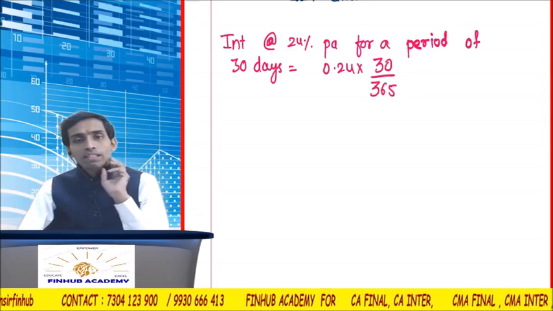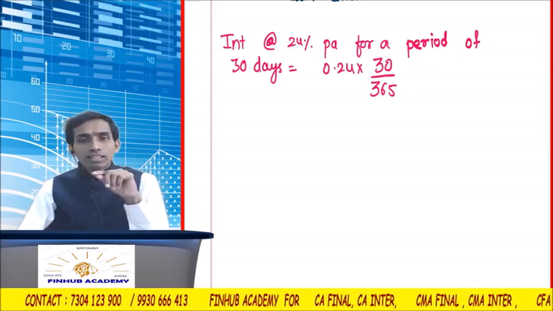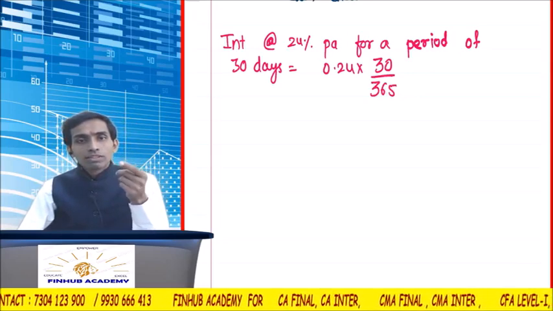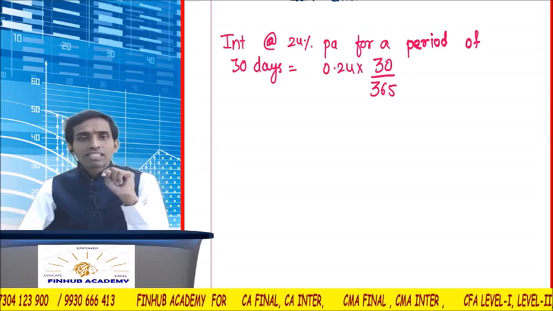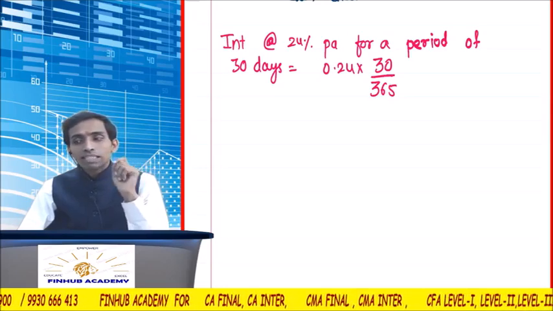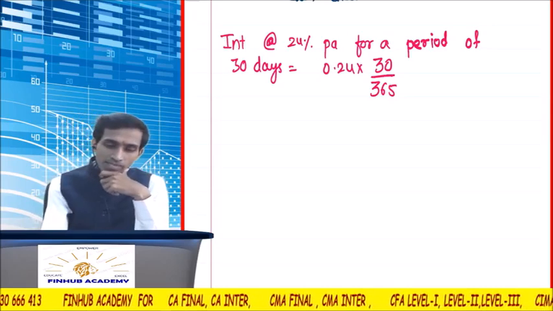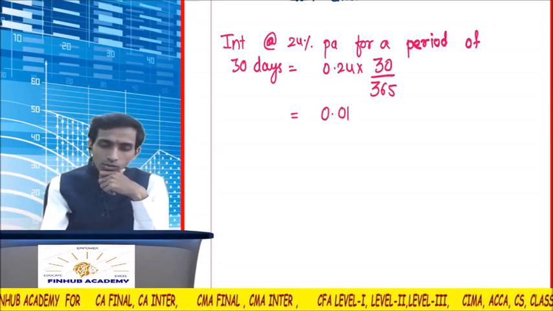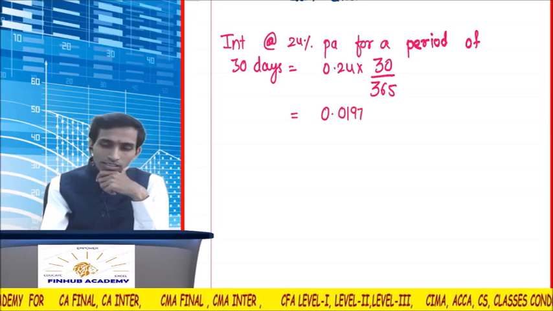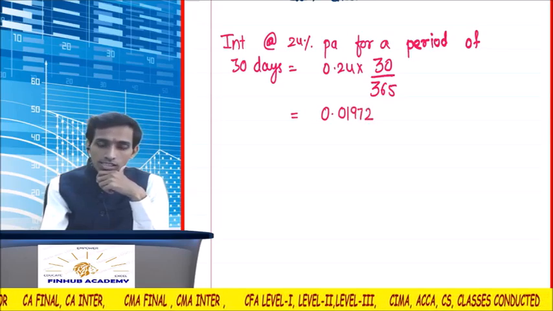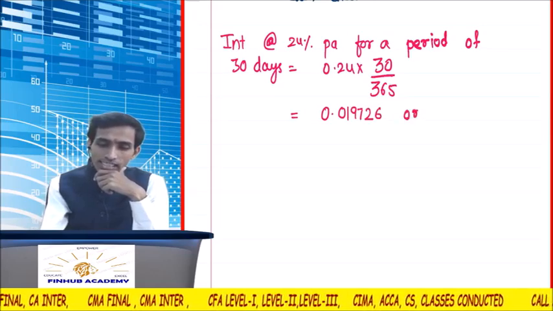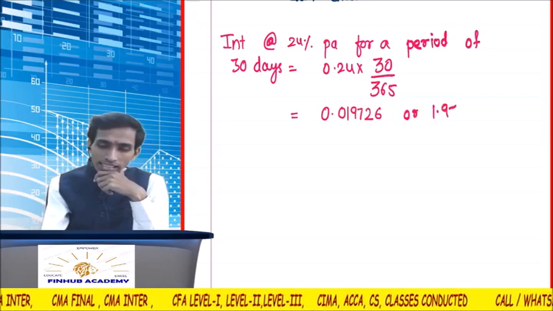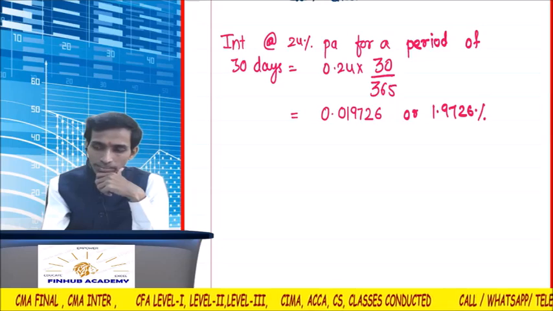When they did 1 by 12, they assumed 30 by 360, but it should be 30 by 365. How much is it? 0.01 9726, please give me more decimals, or I can say 1.9726% per month. Is it clear?